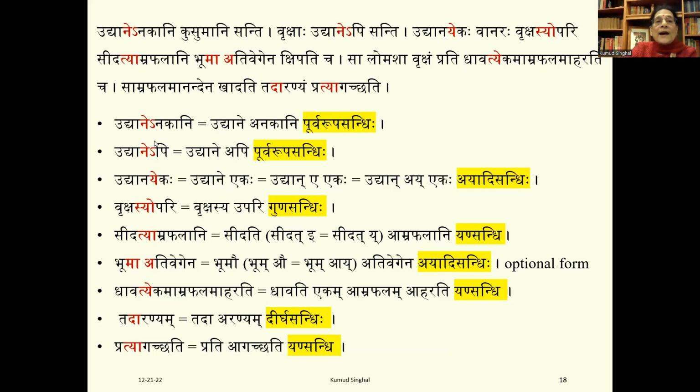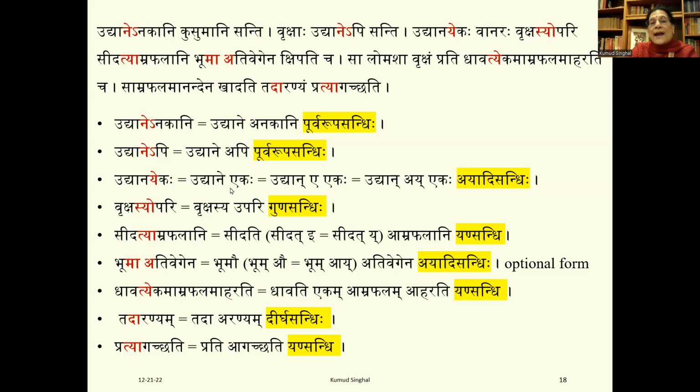Then udhyane pi. Again, udhyane api. A followed by a. So you have a purva rupa sandhi here also. Then udyana yekah. This is made up of two words. Udyane ekah.